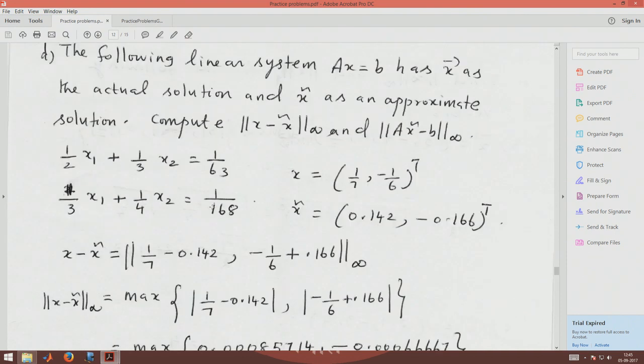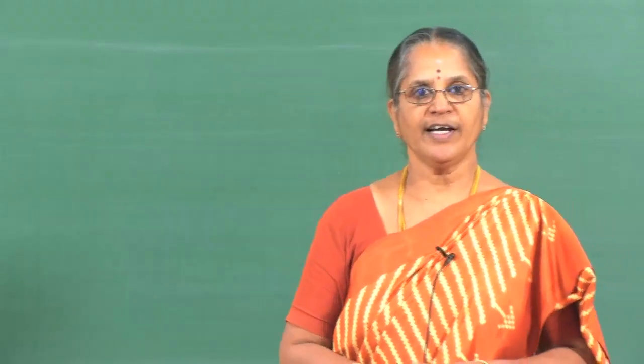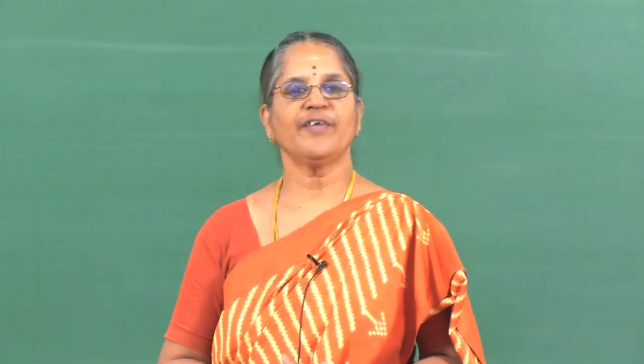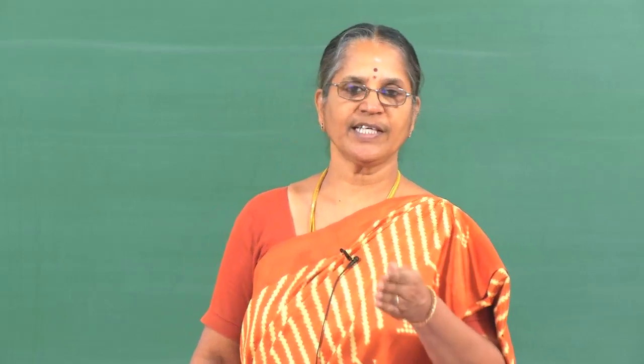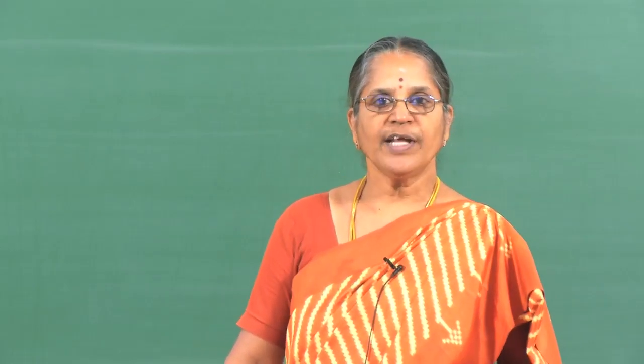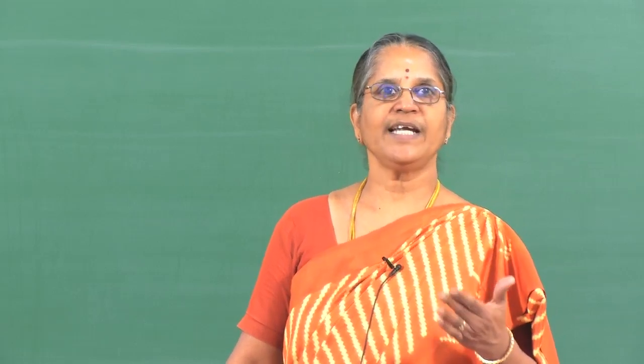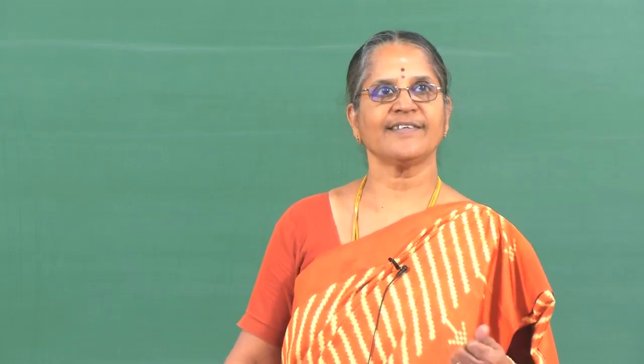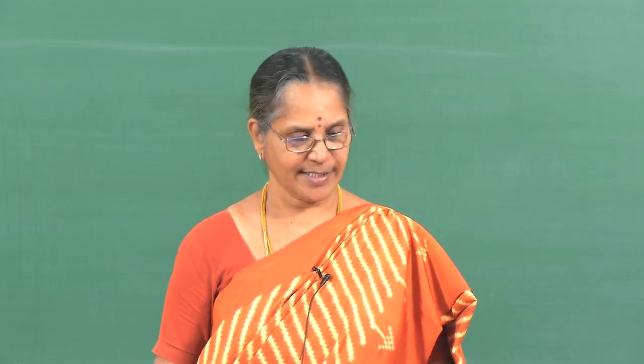So, now we know how to compute norm of a vector or norm of a matrix associated with the norm of a vector which is given. So, let us work out some details about the error analysis for direct methods.